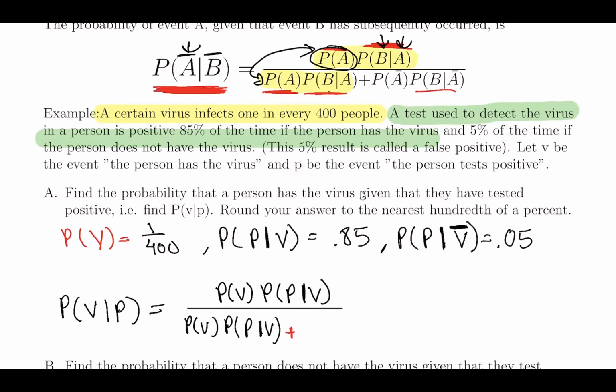Now let's add it. So if you look right here, this is probability of A, but it has a bar up here. So we have to get the probability of B, but we put a bar over it. And what you want to do, you're going to want to multiply that by probability of B given A. So we'll say probability of positive test results given they don't have the virus.